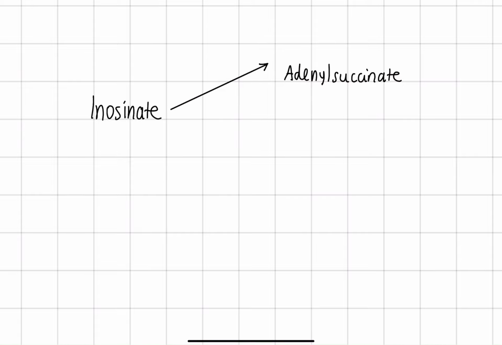As you see from the previous video where we have succinate, and of course we're adding an aspartate, here what's different is that we don't use ATP to add the aspartate, but instead we use GTP. And then we form this adenylosuccinate.